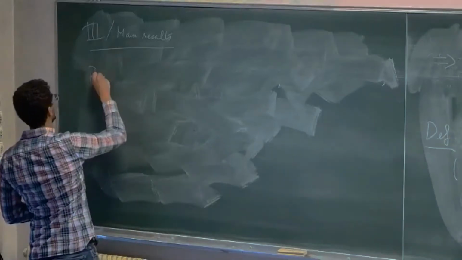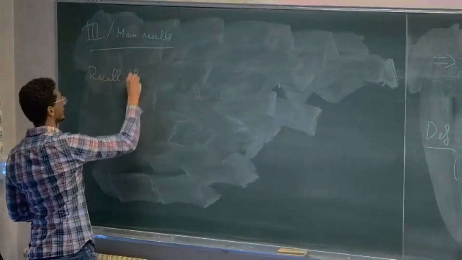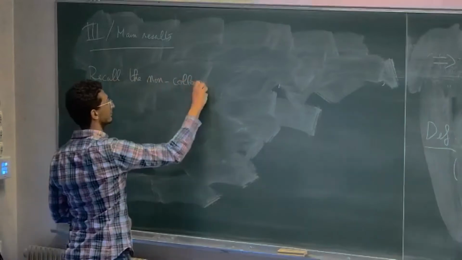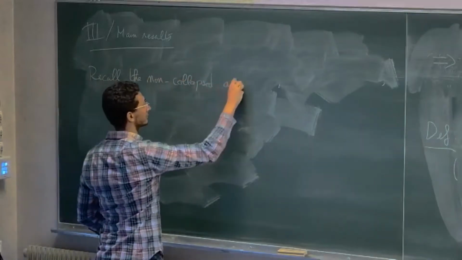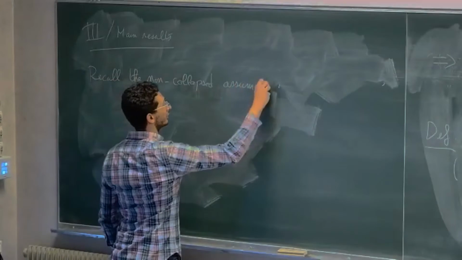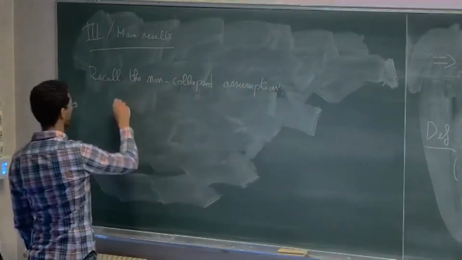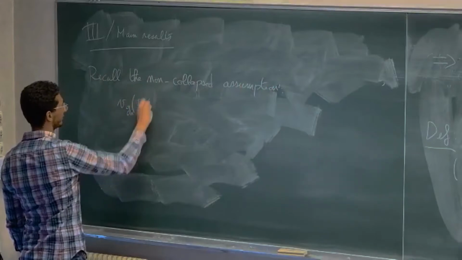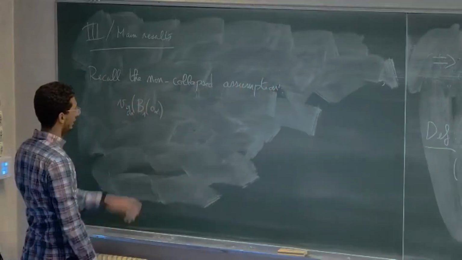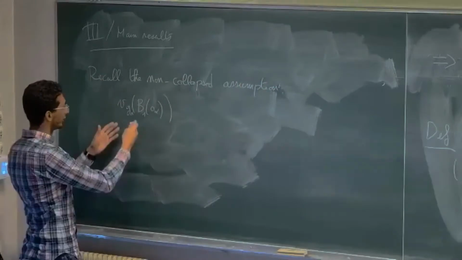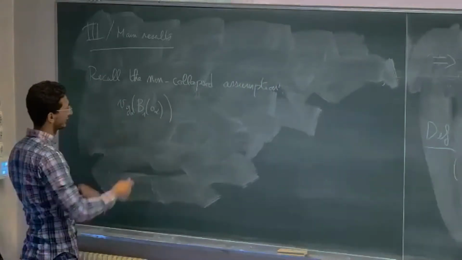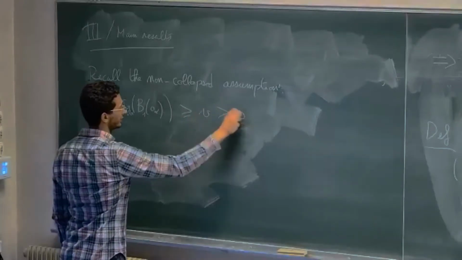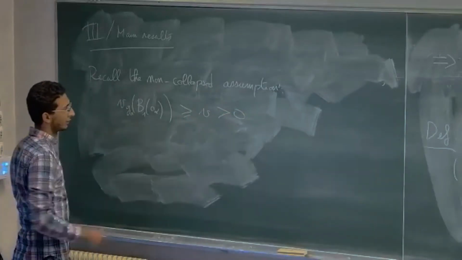The non-collapsed assumption: you are assuming that on each Riemannian manifold, you can find a point O alpha such that the volume of the unit ball centered at O alpha is bounded below by some given constant v, which does not depend on alpha.